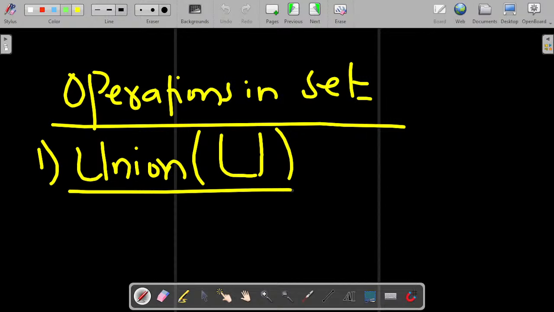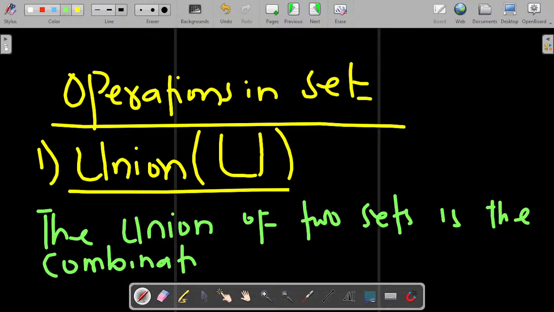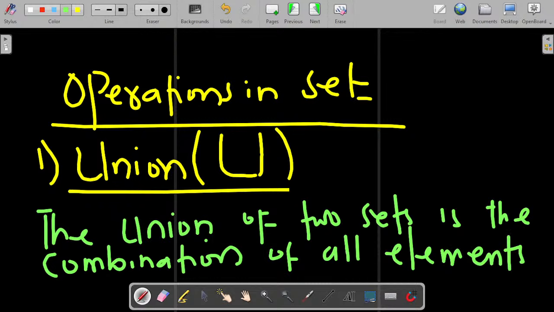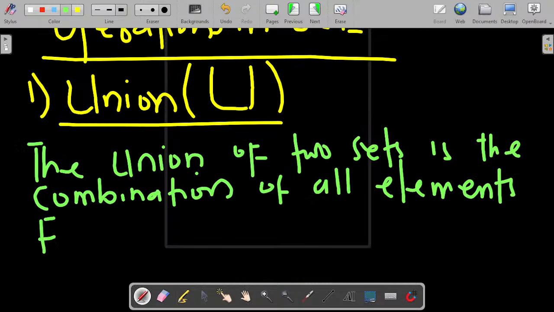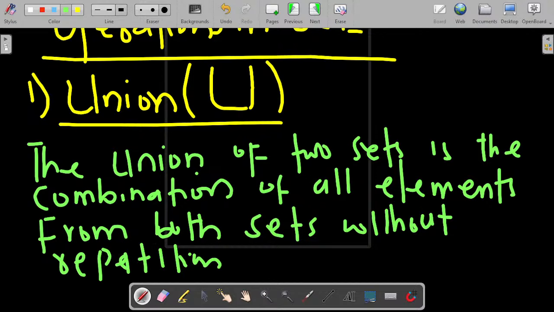So the union of two sets is the combination of all elements from both sets, without repetition or duplication.